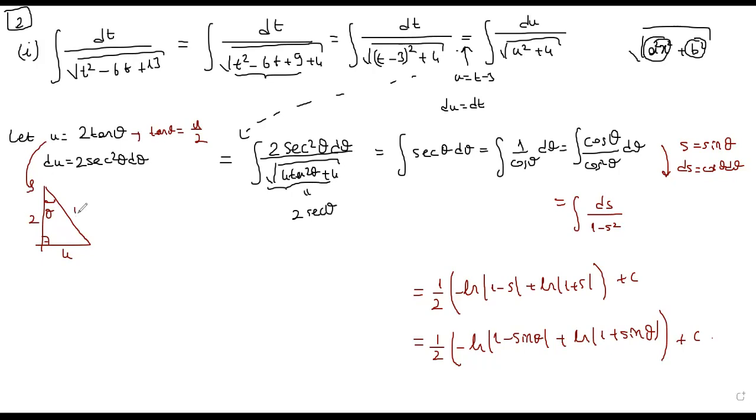Then what about this part? It's the square root of u squared plus 4. Okay, then sinus theta is equal to u over this. So you need to plug this into this equality. Instead of sinus theta, you will write this and we're done. Okay. All right.